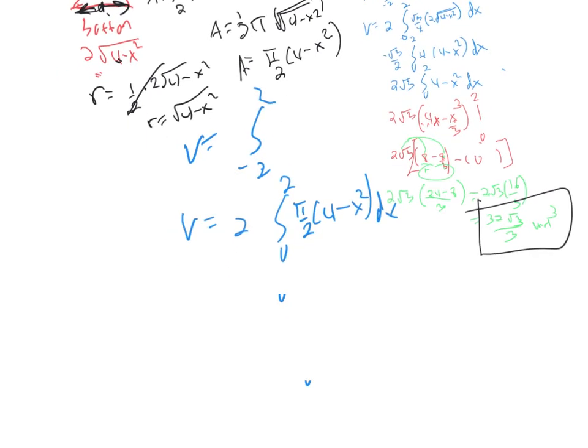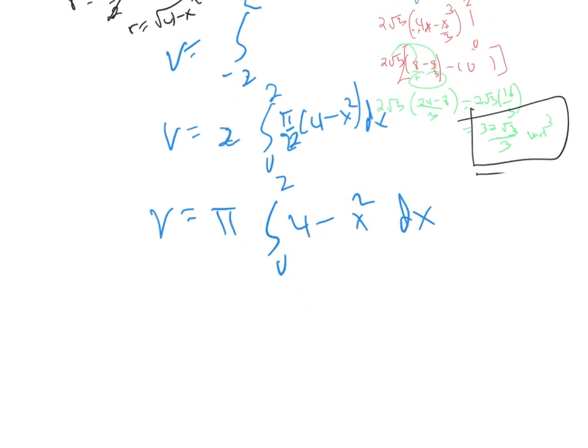Pull out the pi over 2. That means it cancels with this 2. Volume's going to be pi times 0 to 2 of 4 minus x squared dx. Could you just use the calculator from -2 to 2? You certainly could have. But so far I'm on a roll, I think.